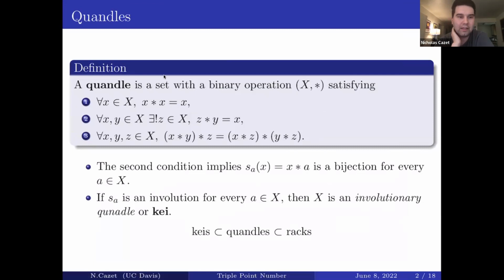But in fact, these three axioms are related to the Reidemeister moves, and it's how they're defined. So if you know three coloring or Fox's n-coloring of a knot, these are the axioms that satisfy those relations.